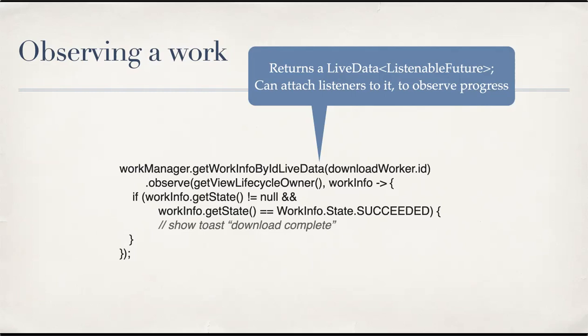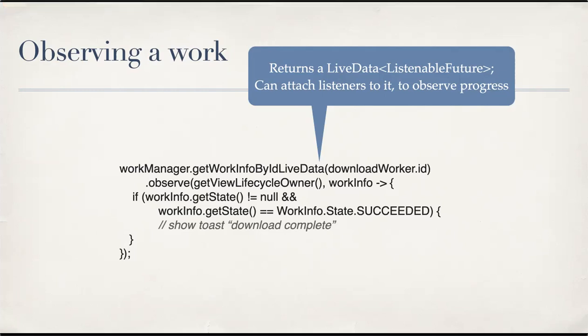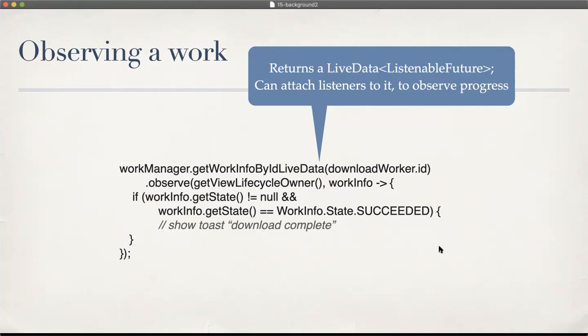Okay, so that's another observer pattern at work, and very useful here. This example shows an observer which is waiting for it to complete, but of course there can be intermediate progress observation as well, and you'll find examples on the online guide.